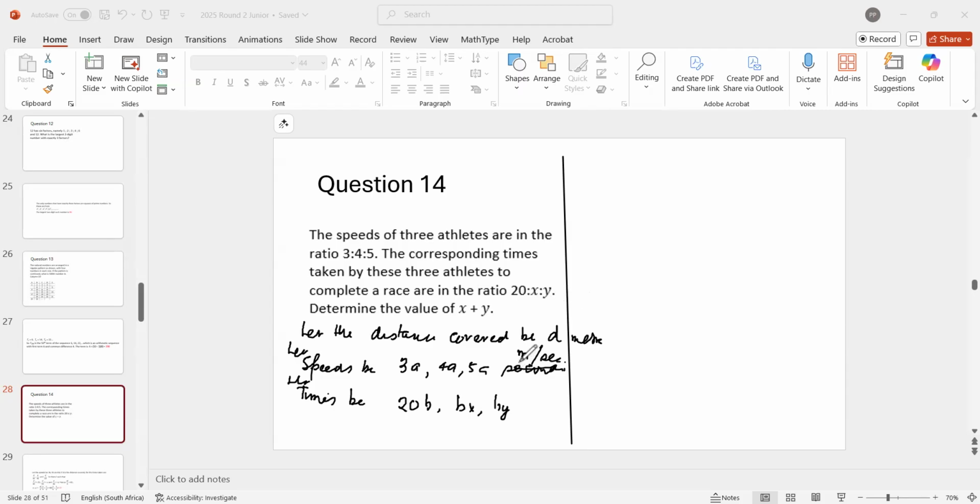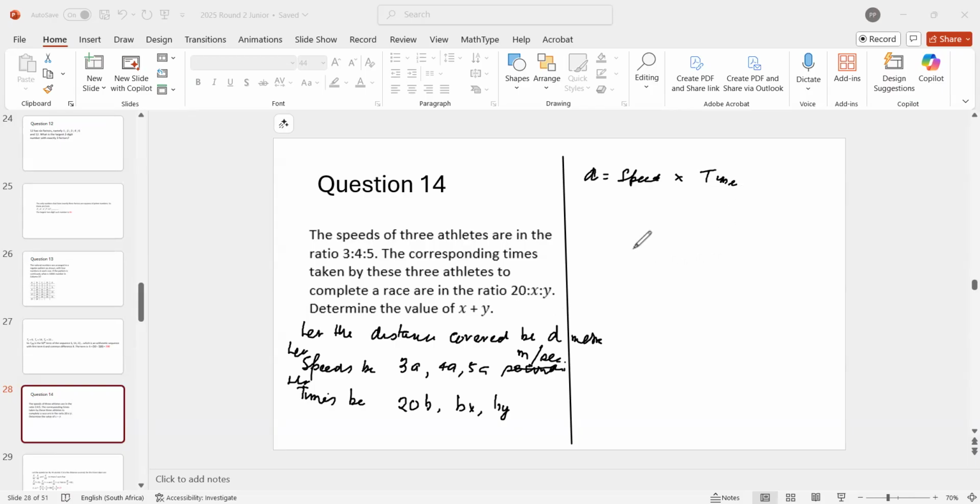Right. Now, there is a connection between distance, speeds, and time. So we know that the speed times the time is equal to the distance. D is equal to speed times time. And this is the master formula in distance problems.